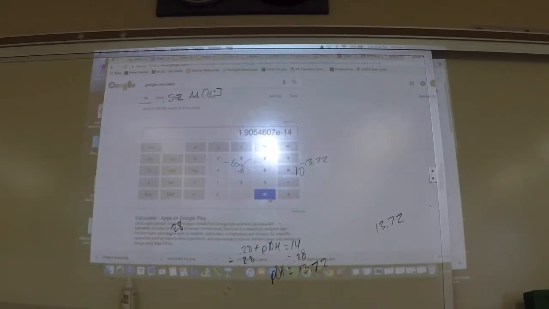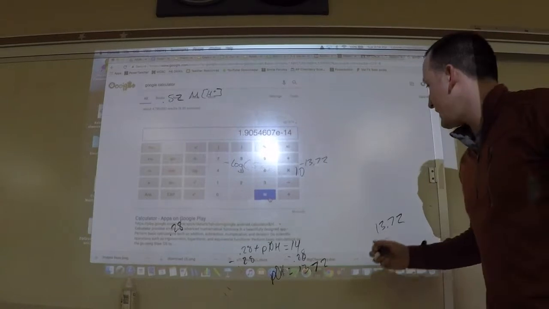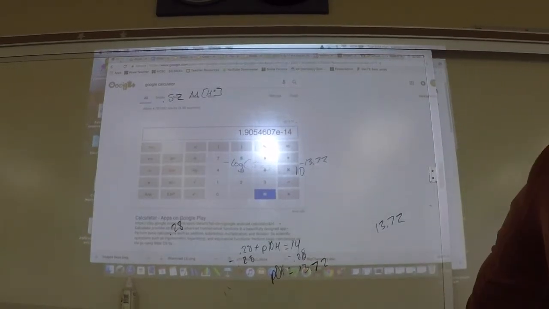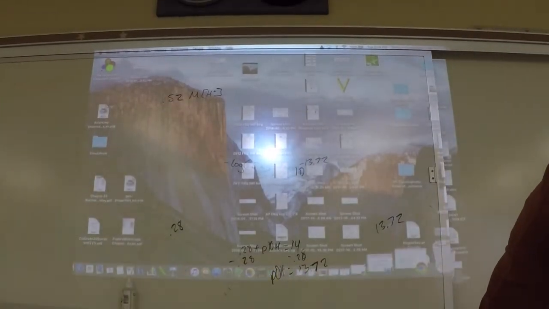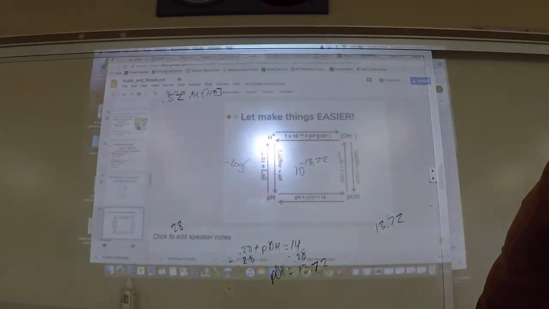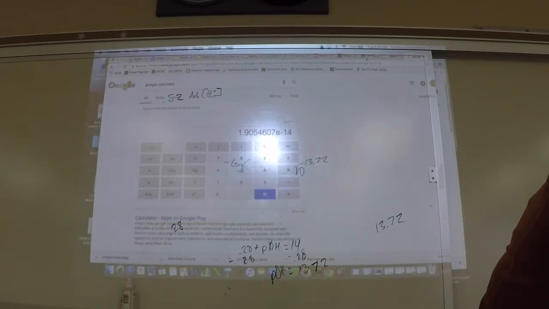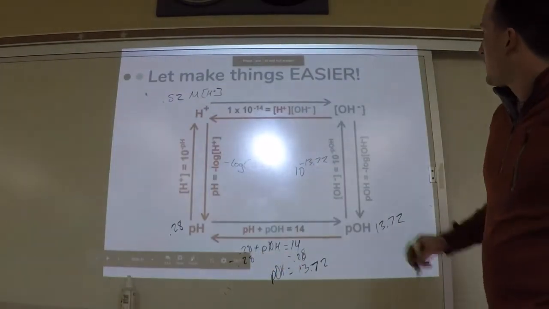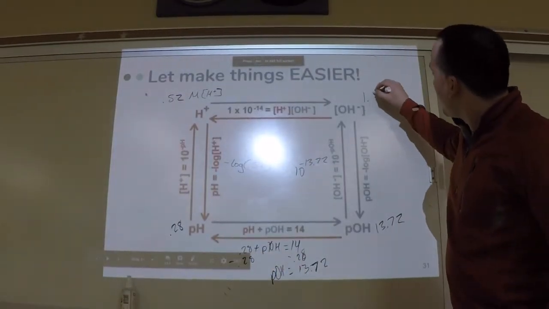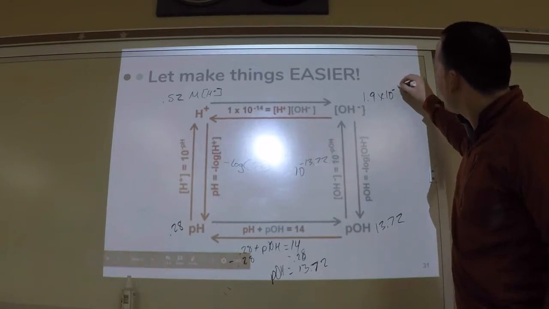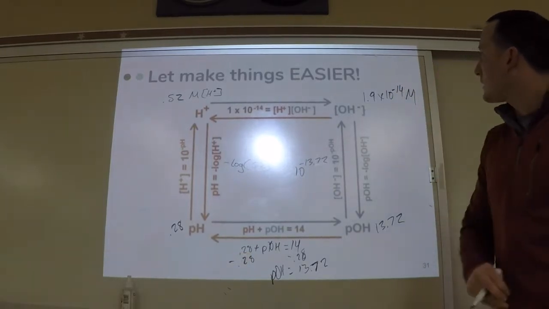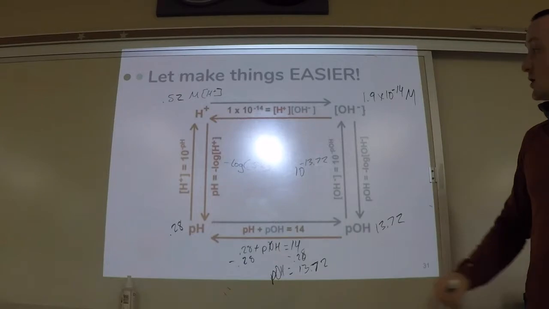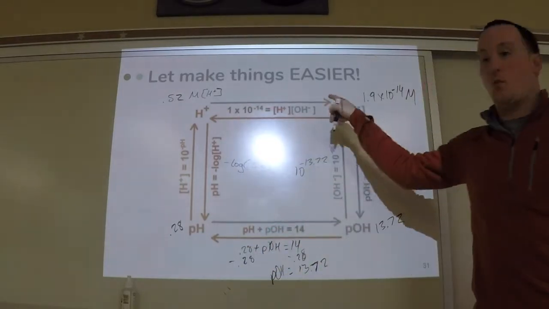And I get 1.9 times 10 to the minus 14. That means that this answer right here is 1.9 times 10 to the minus 14 molar, and that would be my OH minus concentration. So that's how you can go from one thing to the other.